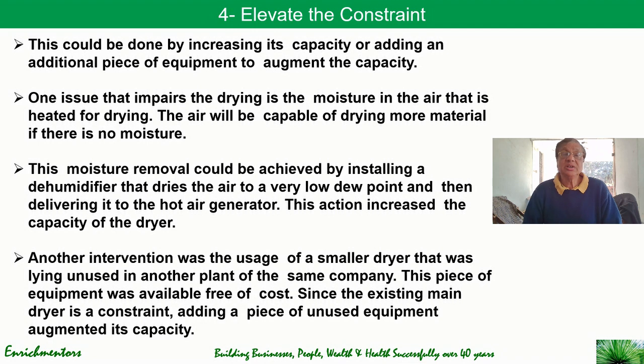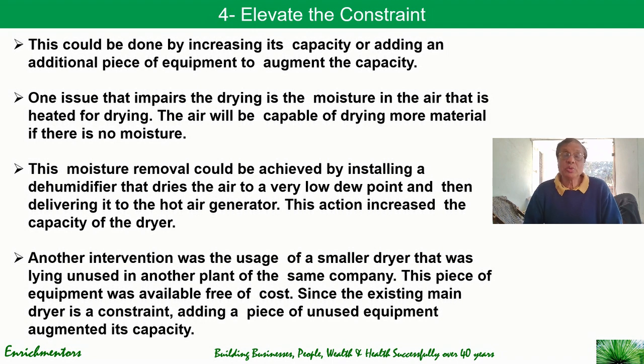So the issue that impairs the drying is the moisture in the air, which is heated for the drying. The air will be capable of drying material if there's no moisture in it. So we could achieve some moisture removal from the air by installing a dehumidifier that dries the air. That could also lead to reducing the cycle time or elevating the drying capacity.